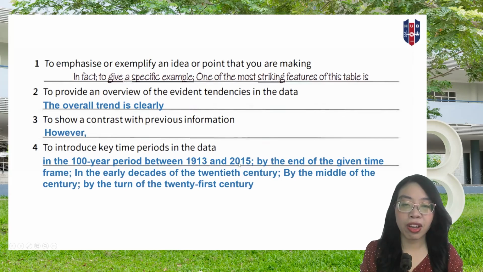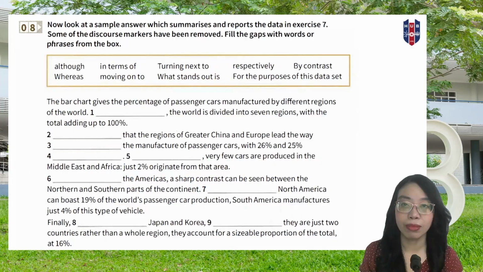And between the year and the year, also you can say "by the end of the given time frame," "in the early decades of," or "by the middle of," or "by the turn of the 21st century." So pay more attention to the way that you use these discourse markers in your next piece of writing.